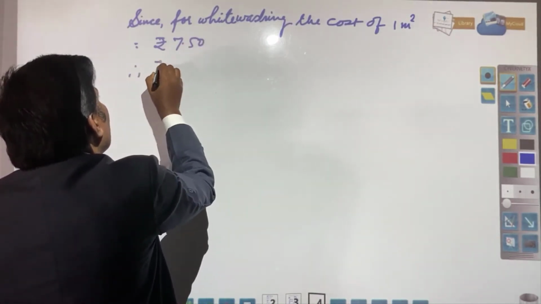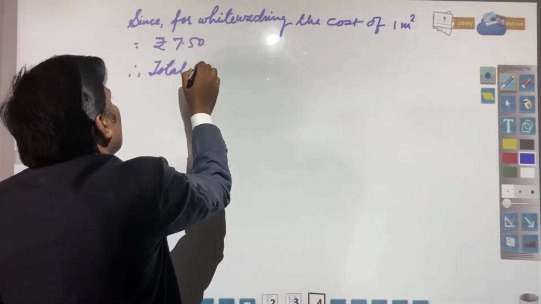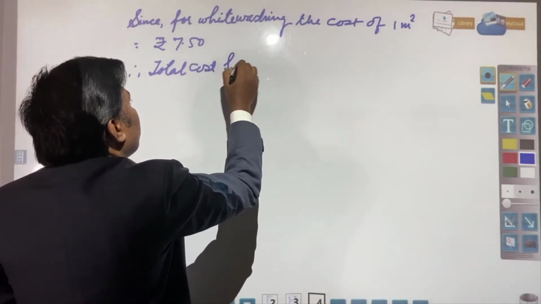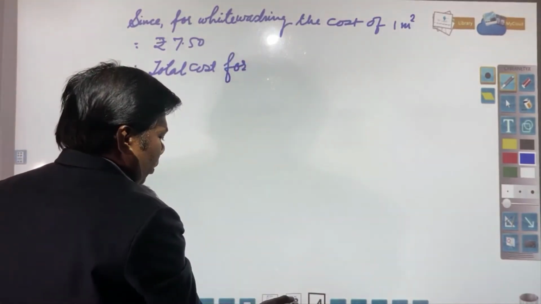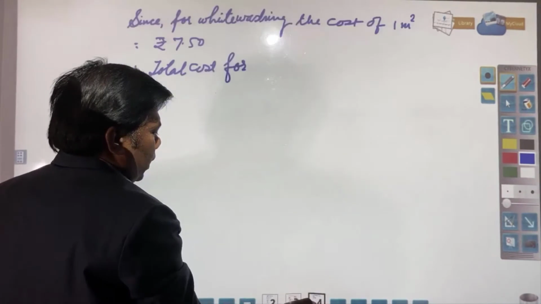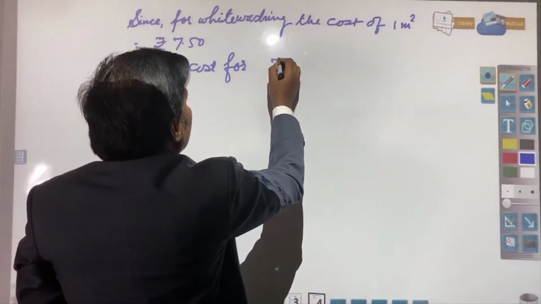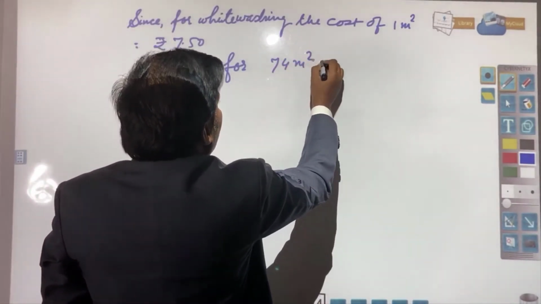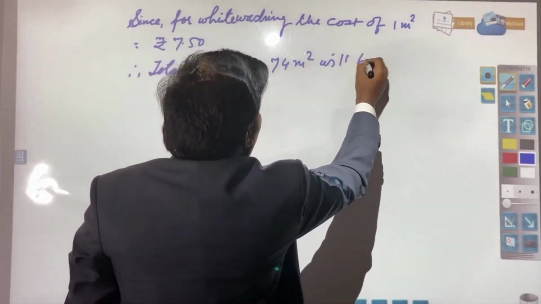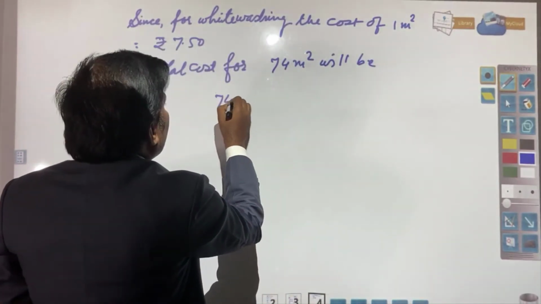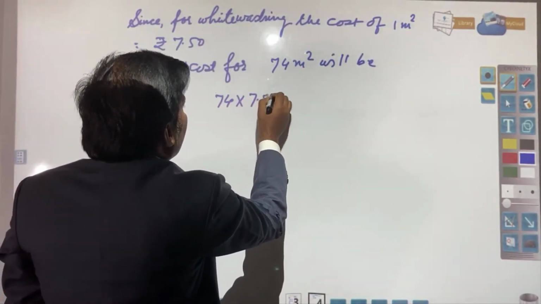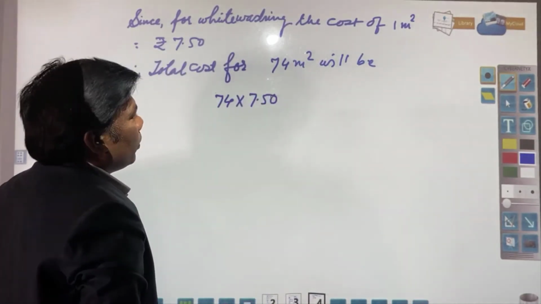Therefore, the total cost for the area, how much? 74 meter square. For 74 meter square will be 74 into 7.50. This is required to be multiplied.